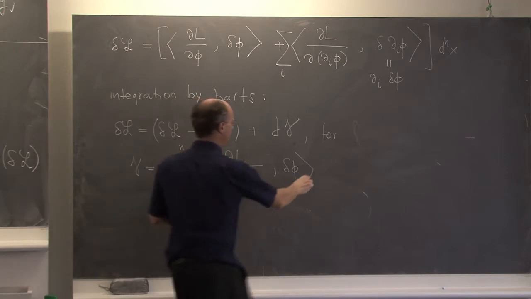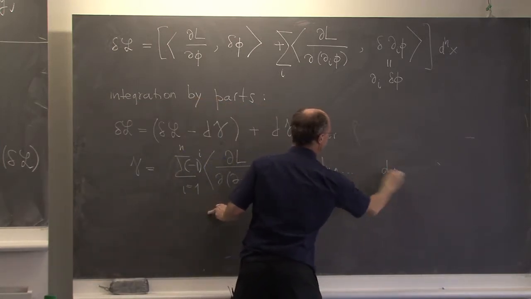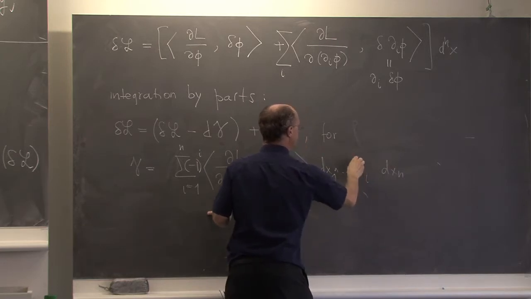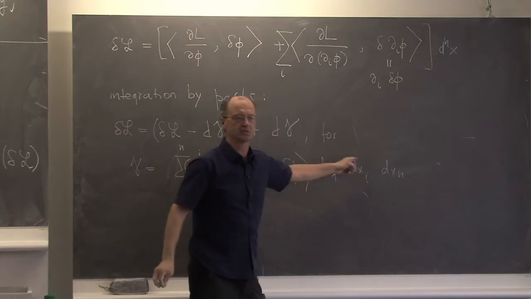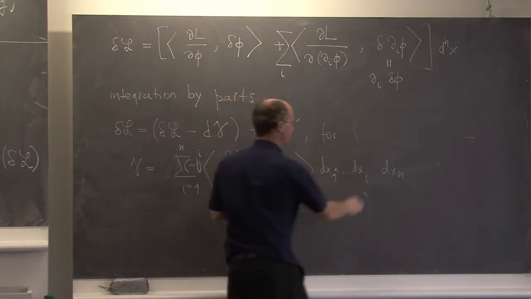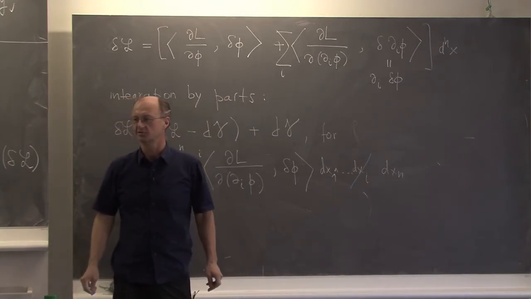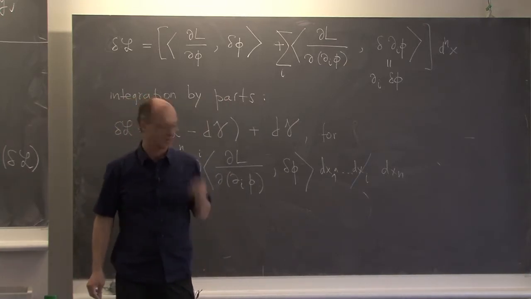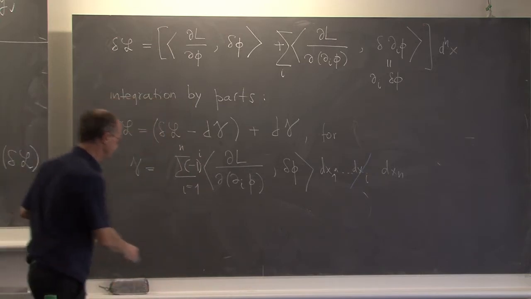Minus 1 to the i, and here dx1, ..., dxn with dxi taken away. Usually they put a hat over it, meaning that it's taken away, but on the blackboard I think I can just do like that. So there is no dxi in this product.